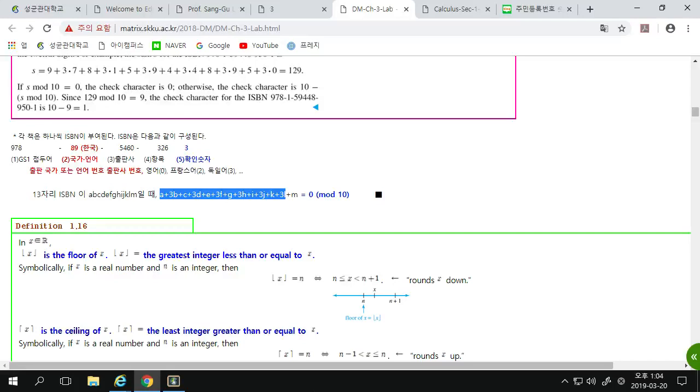So after you find a number, you add a certain number to make it 0 in mod 10. Then every time we need some number to be defined. If you give that number and make a barcode like that, then when you scan, if something is wrong, at least we can reduce the chance of error by 1/10.